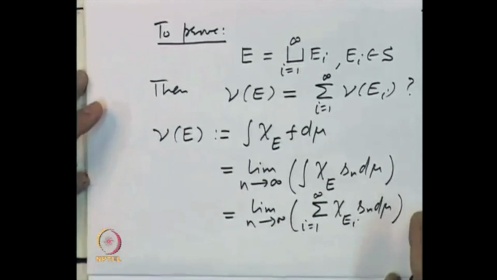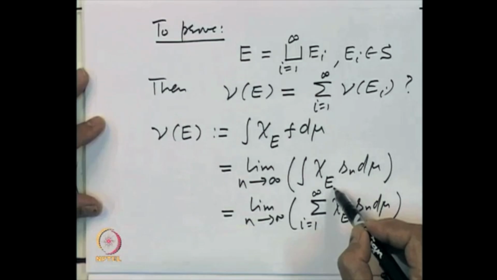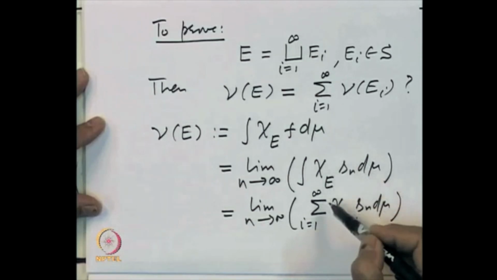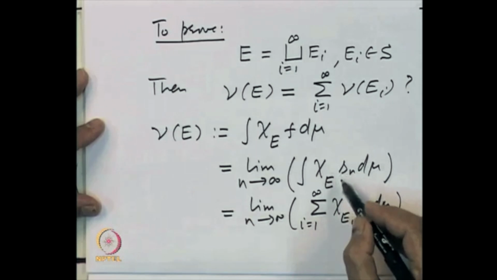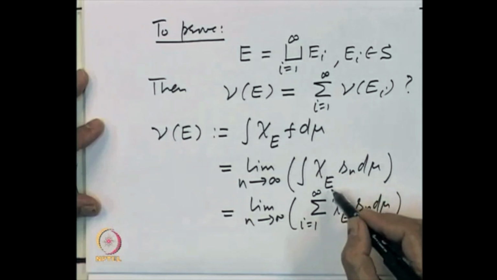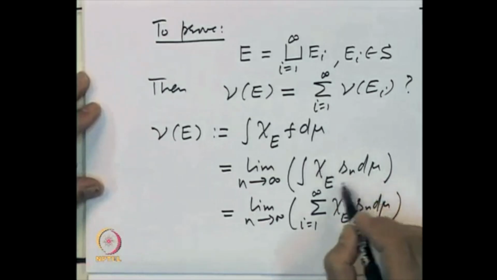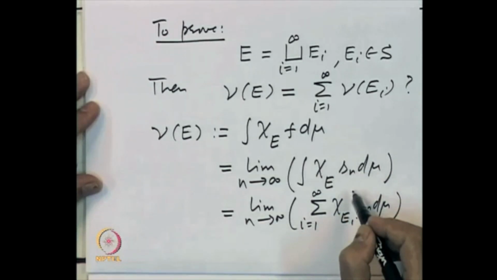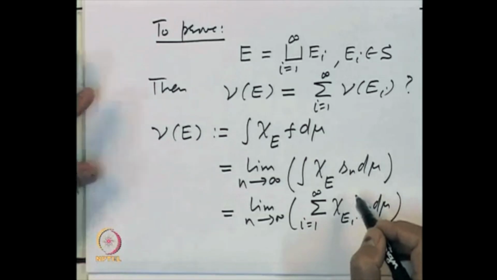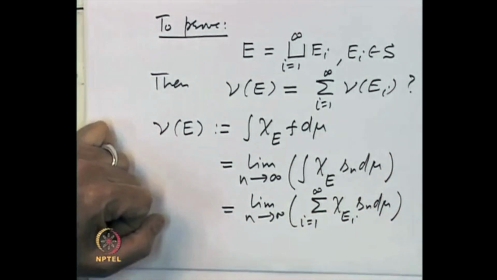Here we are using the fact that E is a disjoint union of sets Ei, and for a non-negative measurable function Sn, if we integrate it over a set E, then that is a measure. So that is a property. The corresponding property for non-negative simple measurable functions, which we had already proved, is true, so we are using that fact to bring it here.